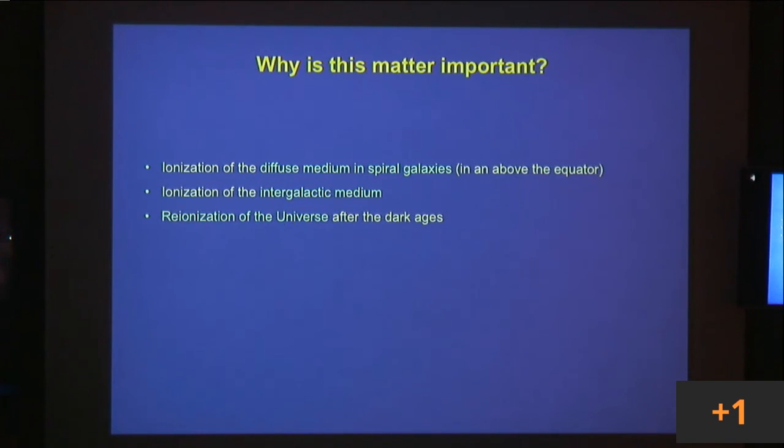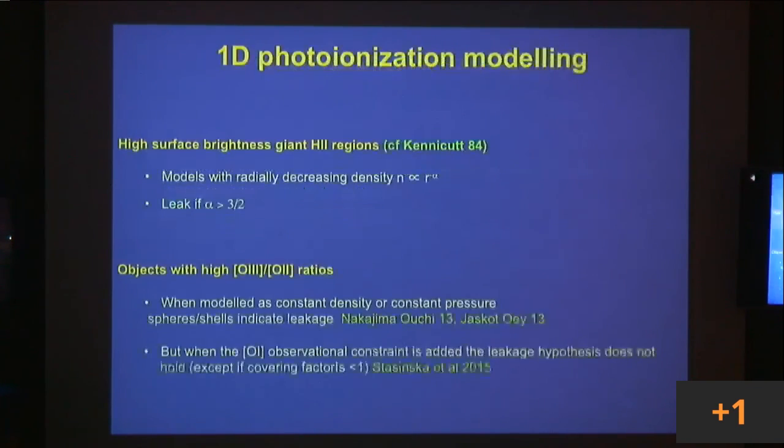Okay. Leakage of photons. It's an important matter because ionizing photons may leak out of giant H2 regions and ionize the diffuse medium. They can ionize the intergalactic medium, and nowadays it's very popular to try to find out which photons reionized the universe after the Dark Ages.